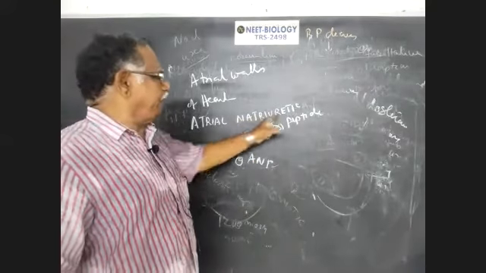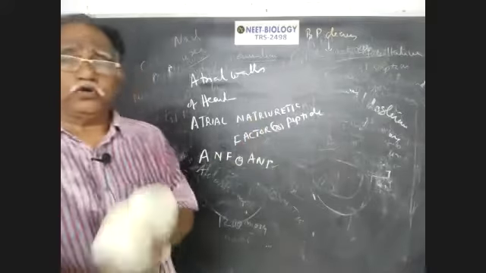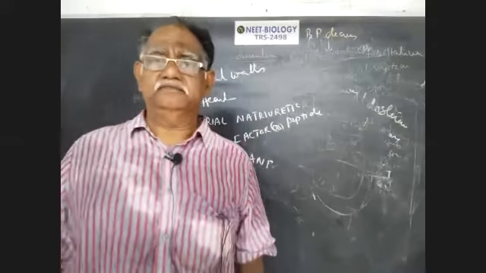Atrial natriuretic factor or peptide is produced by the atrial walls of the heart.